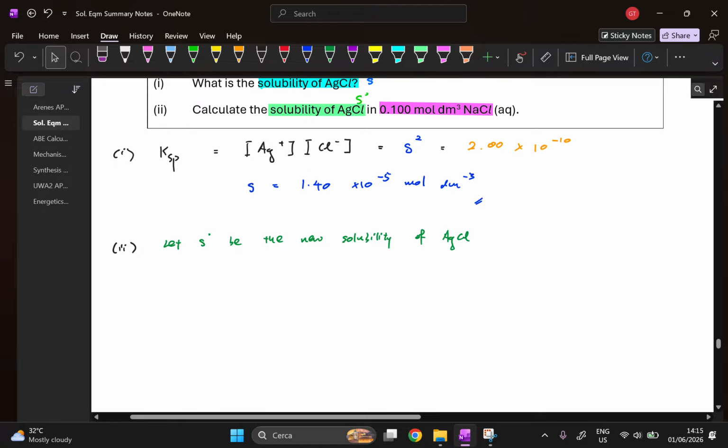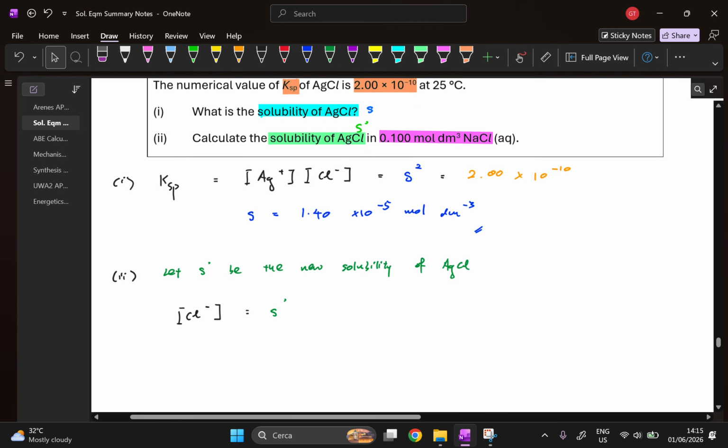So this means that my concentration of Cl minus is actually going to be this solubility S prime, because now the new solubility means that when 1 mole of AgCl dissolves, I'm going to get S prime moles of free chloride ions in water.